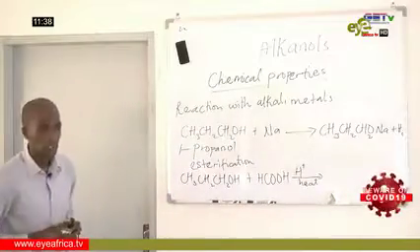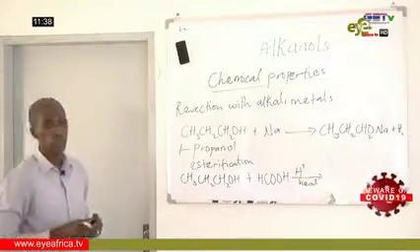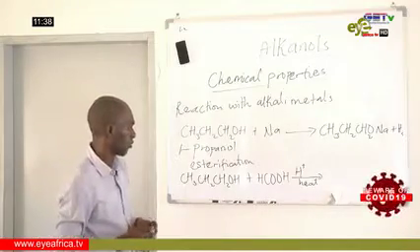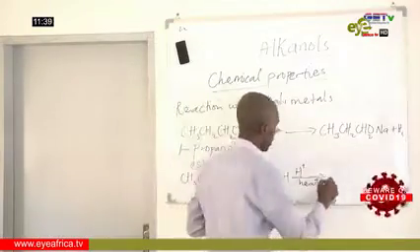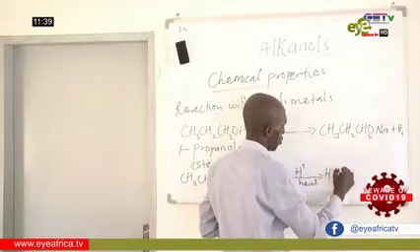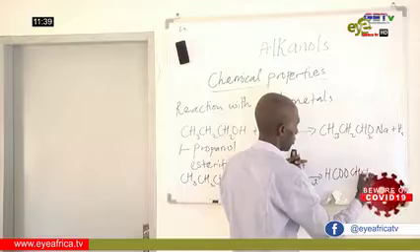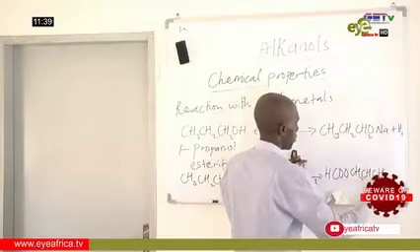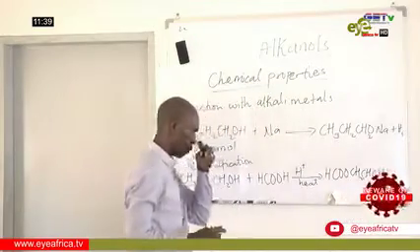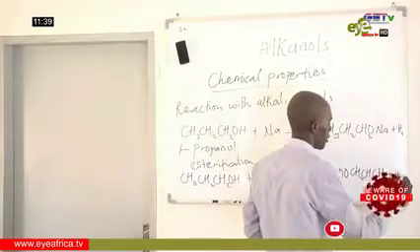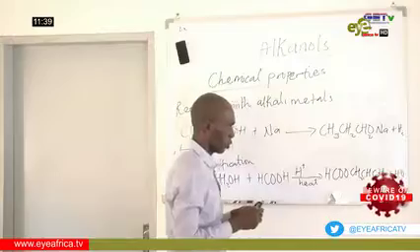this reaction will produce an ester, okay, which is another functional group, and the ester will look like this. So we'll have this as our ester, and then water will also be produced.